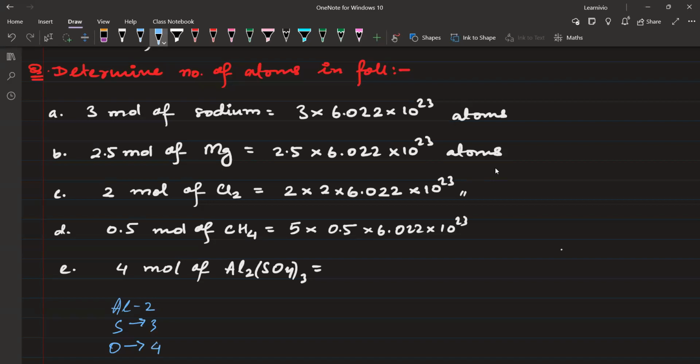There are 3 SO4s, so 4 plus 4 plus 4, or 4 into 3, equal to 12. Then 2 plus 3 plus 12 is 17. So the answer will be 17 atoms in one molecule of Al2(SO4) whole thrice, multiplied by 4 multiplied by 6.022 into 10 to the power 23.